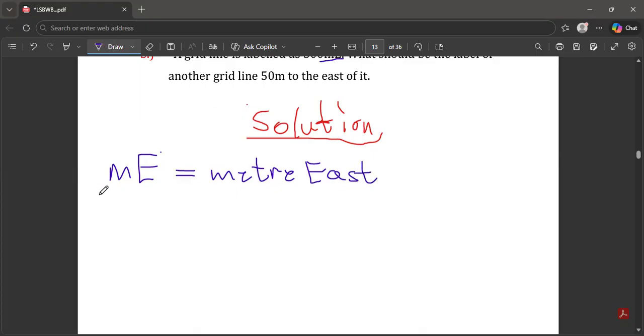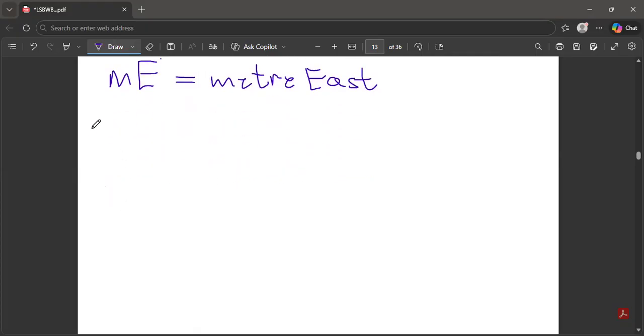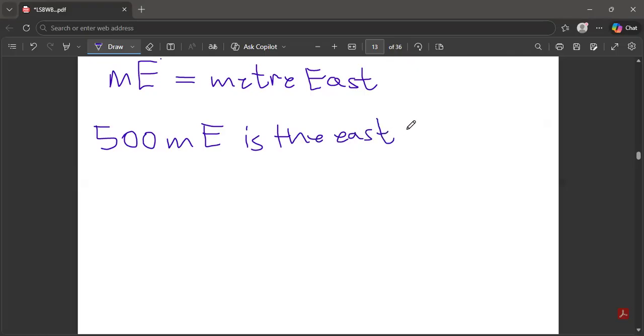Also, 500 meter east is the east coordinate of that grid. You see, it is the east coordinate of that grid.